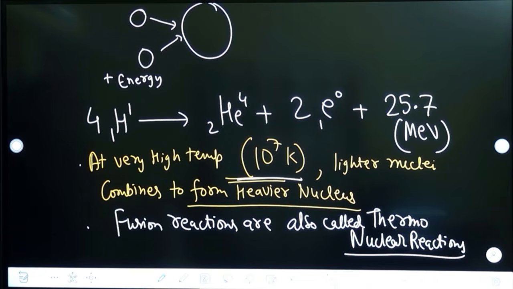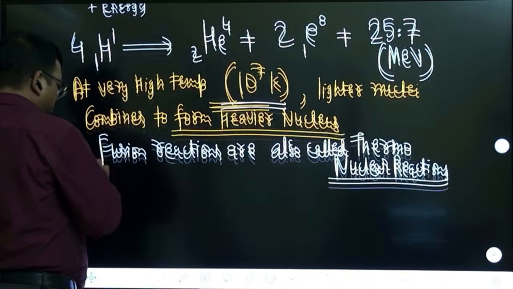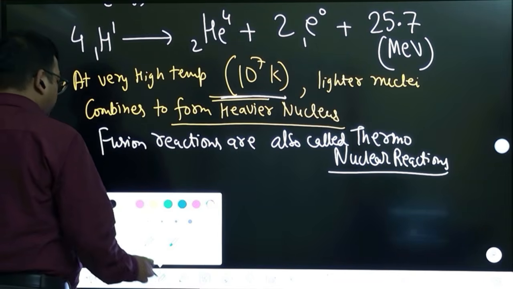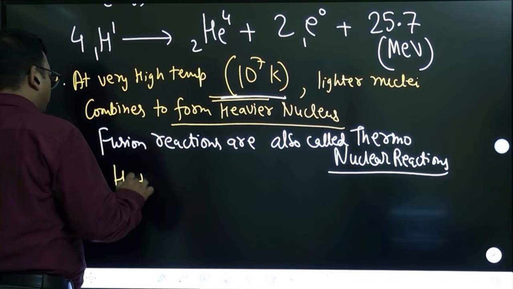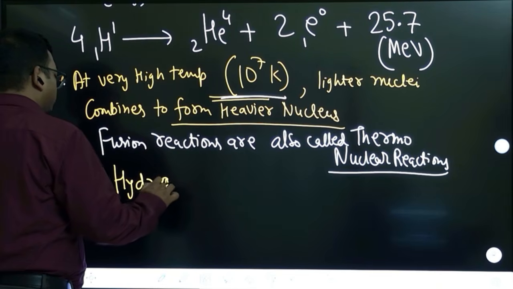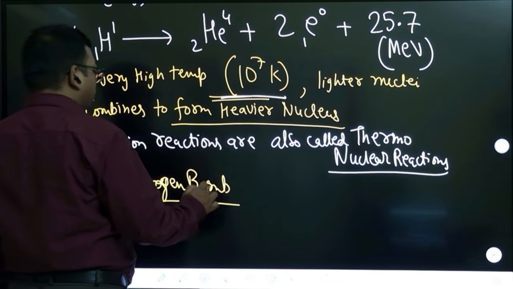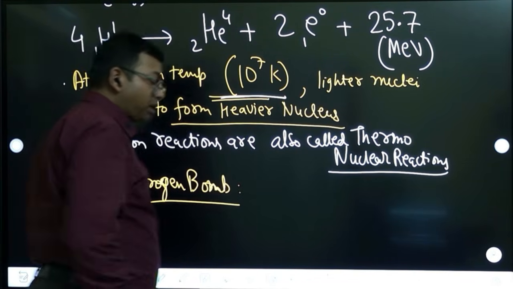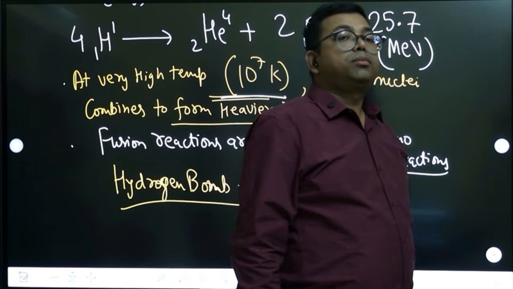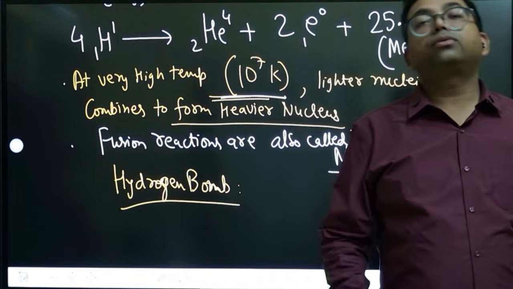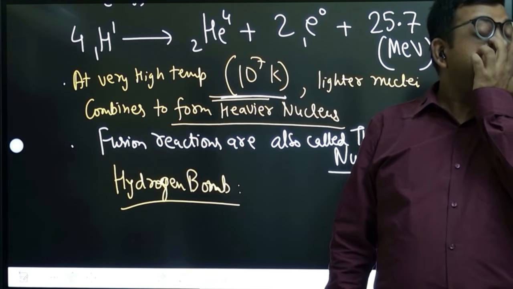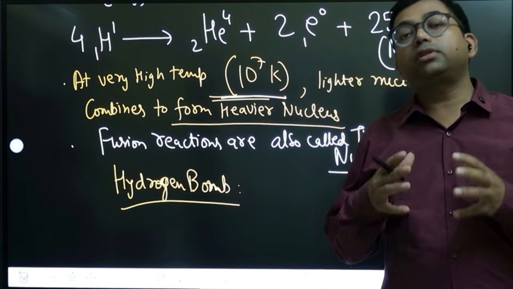And a fusion reaction is what happens in the hydrogen bomb. In order to start a hydrogen bomb, we need a very large amount of energy, because to do fusion we need to give a lot of temperature. For that we need to first do a fission reaction.